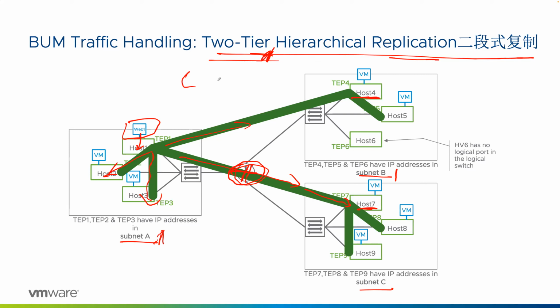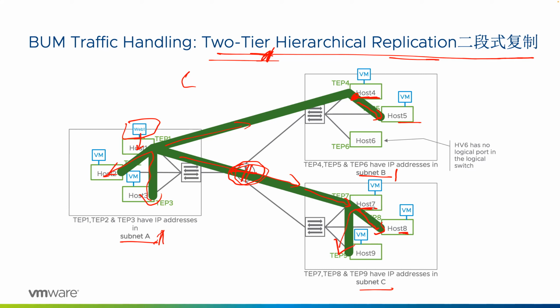For the second tier replication, host 4 has just got the packet, and host 4 has the ability to copy it again to host 5, and host 7 makes a copy to host 8 and host 9.